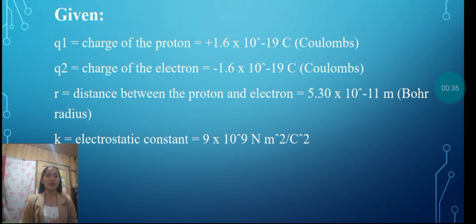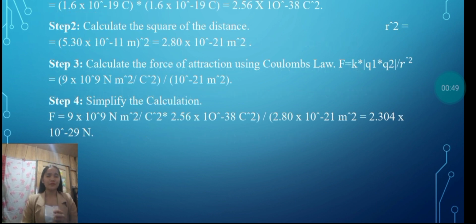And K is the electrostatic constant, 9 times 10 to the 9 newton meter squared per coulomb squared. So here we have the steps.